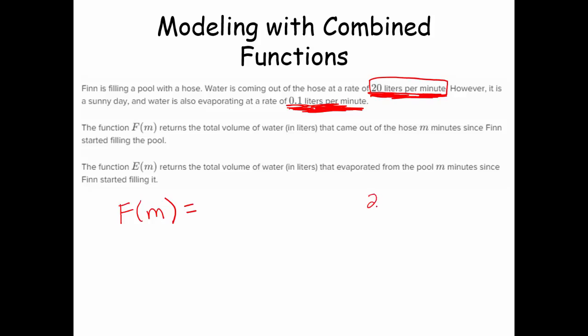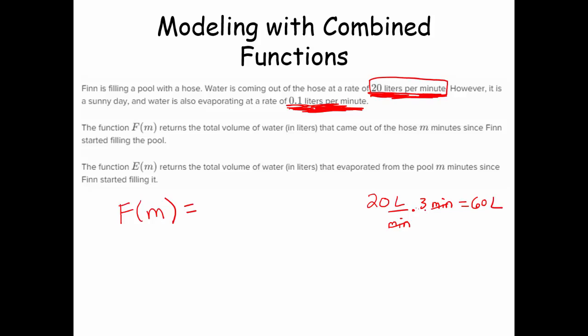Let's say the water is running out of the hose at 20 liters per minute. Let's say the hose has been on for 3 minutes. So if we multiply the rate at which the water is coming out of the hose by how long the hose has been on, look what happens here. These minutes cancel. We're left with 20 times 3, which is 60 liters.